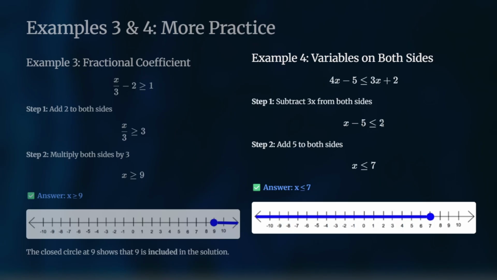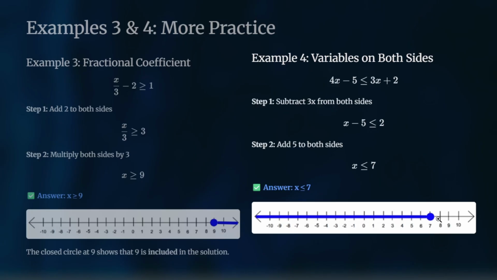So x minus 5 is less than or equal to, since we subtracted 3x from this side as well, we're left with 2 on the right hand side. And then in order to isolate x, we'll add 5 to both sides. So x is less than or equal to 2 plus 5 is 7. So our answer is x is less than or equal to 7.